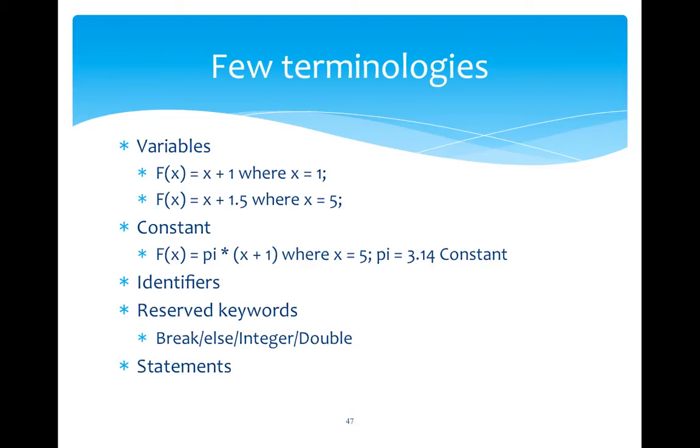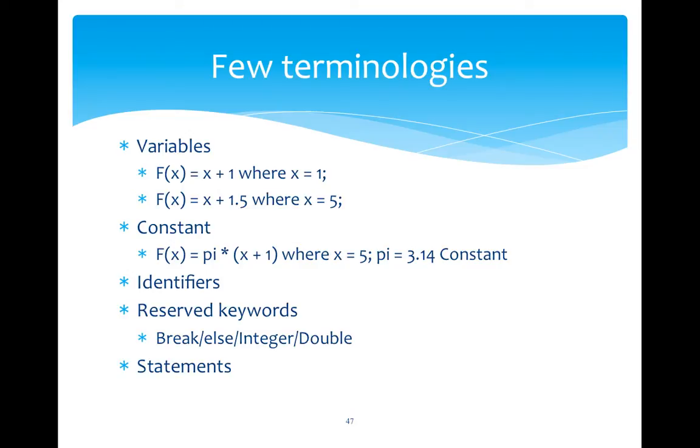Like, you cannot start it with a number, you cannot start it with a special character, you can always start it with a character. Depending on the programming language, this identifier definition changes. So this is about identifiers.